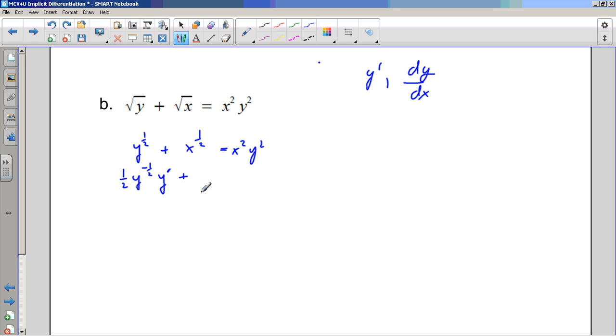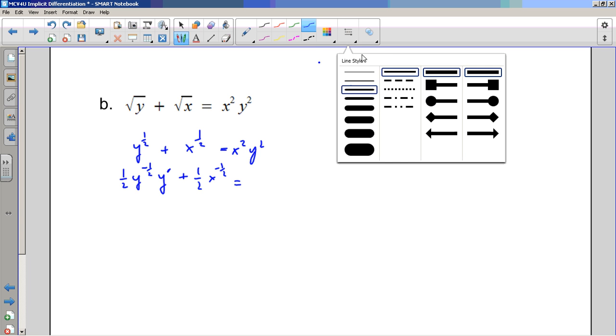So I'm going to write y prime. Half comes down, subtract. And notice I don't have to do x prime. Why not? Well, because my independent variable is x. I don't need to write down the derivative of x with respect to x. It's just 1.